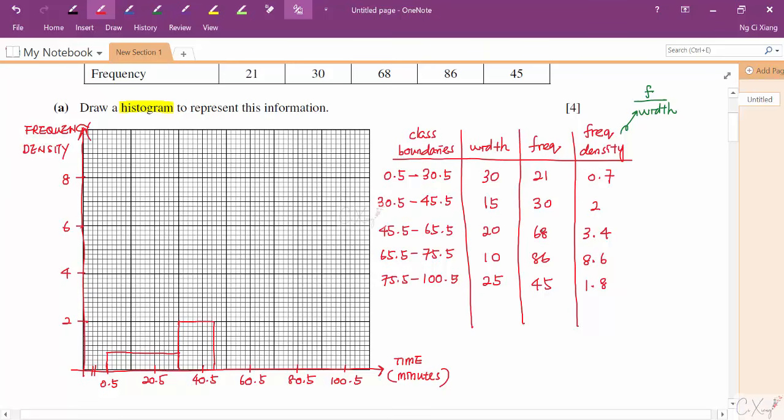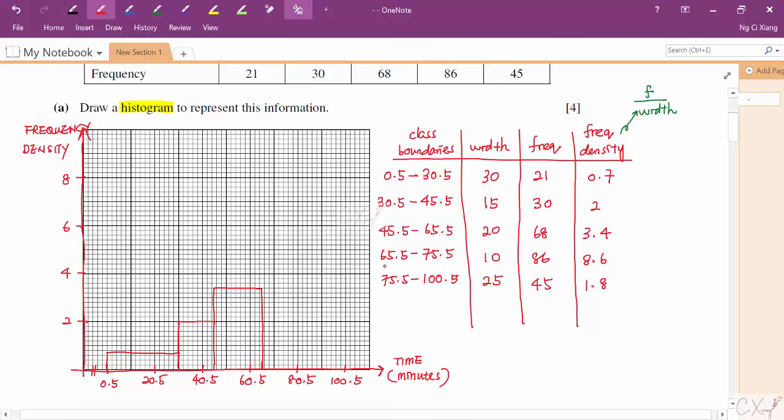Then for the next one, the height will be 3.4 and the width will be from 45.5 until 65.5. So this is where we have 65.5, and then the height should be 3.4, somewhere here. Alright, so this is the third bar that we have.